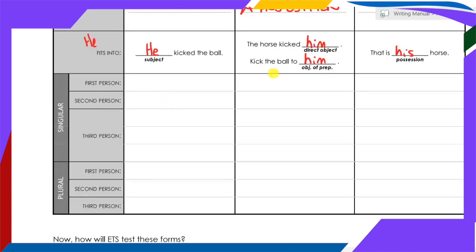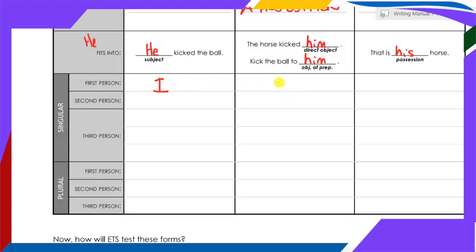We're going to go ahead and fill in all of these little cells here. If you feel that you can do this on your own, obviously pause the video and do so, and then check your work against what we have. So first person singular pronoun is I kicked the ball. That was the first person singular subject pronoun.